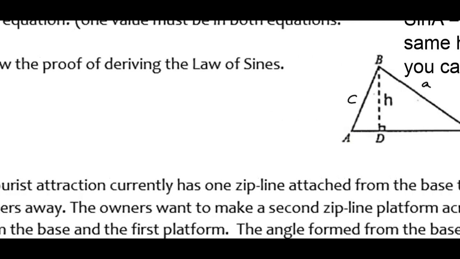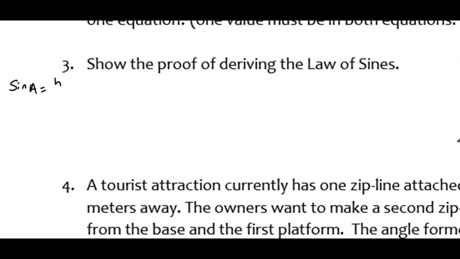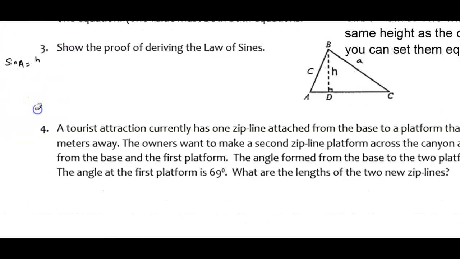Now, when I do the proof, sine of A equals h over side C. And we're going to say that sine of C equals h over A. Now, we can isolate h on both of these.